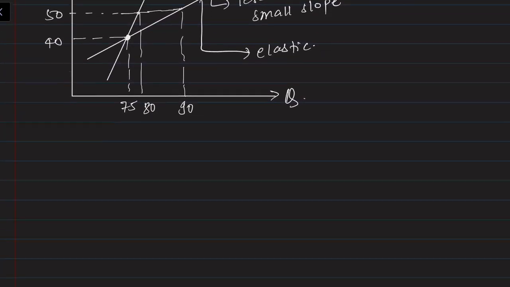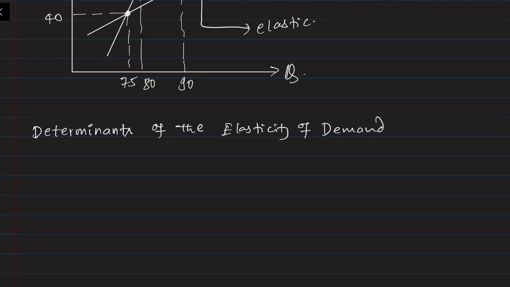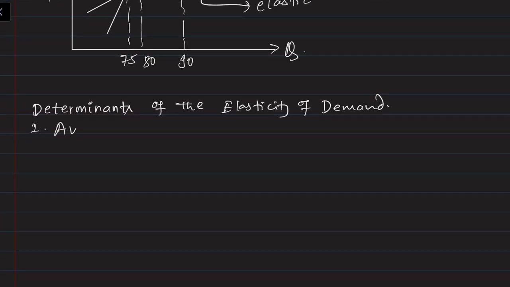All right, now let's look at the determinants of elasticity of demand. The first determinant is availability of substitutes, and this is the more fundamental determinant.